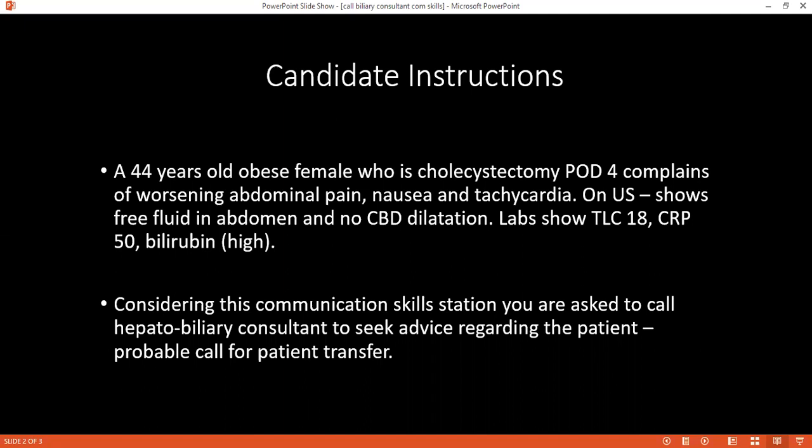Okay, can you tell the difference between ERCP and MRCP and how is it done? Okay, they are both imaging modalities used in assessing the hepatobiliary tract. The MRCP makes use of magnetic resonance imaging to show this.